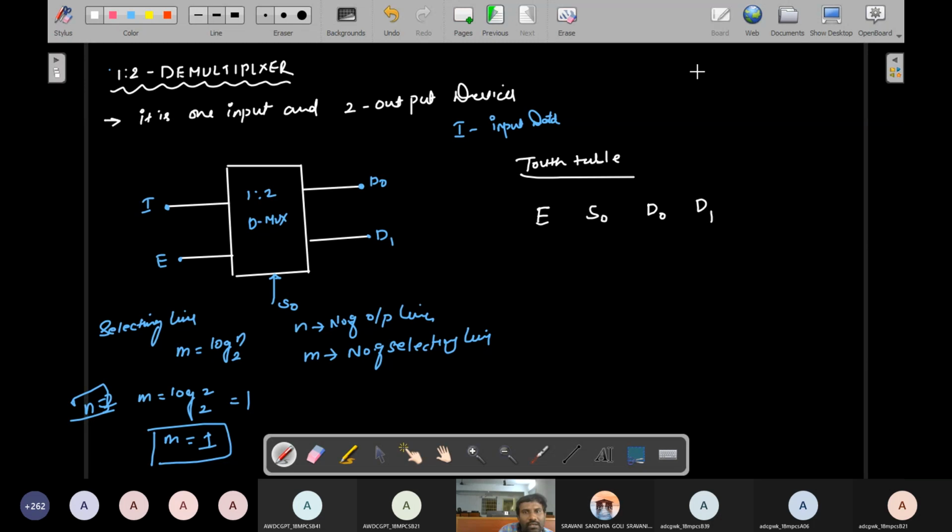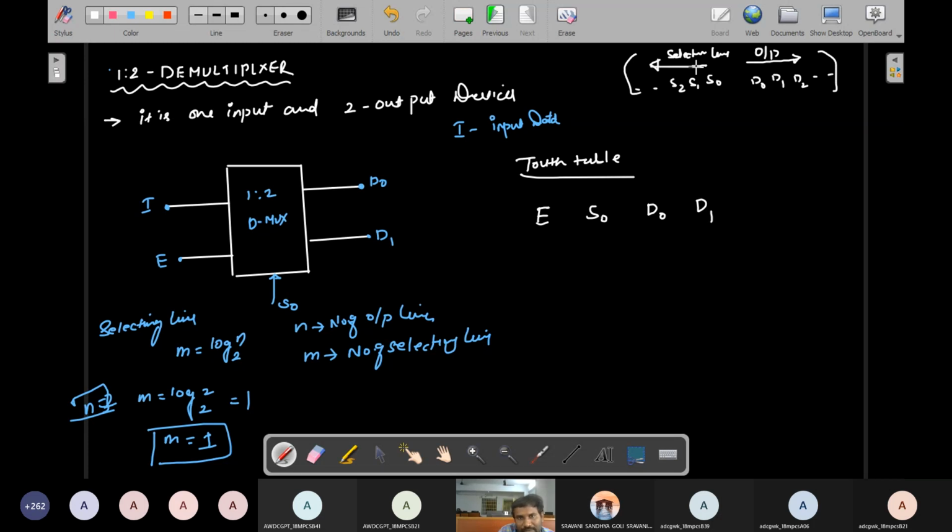First of all, the selecting lines are always indicated in this direction: S0, S1, S2, and so on. The outputs are always in this direction: D0, D1, D2, and so on.